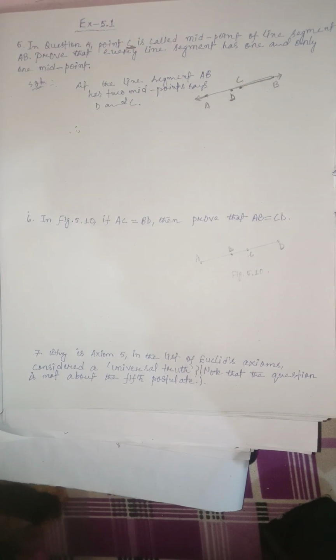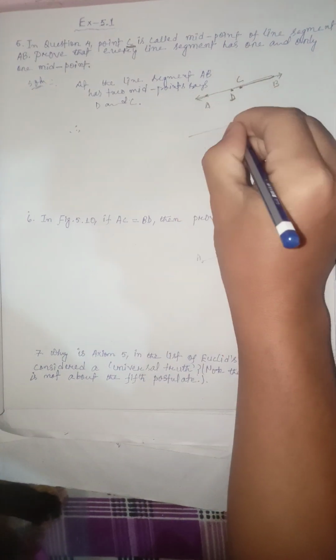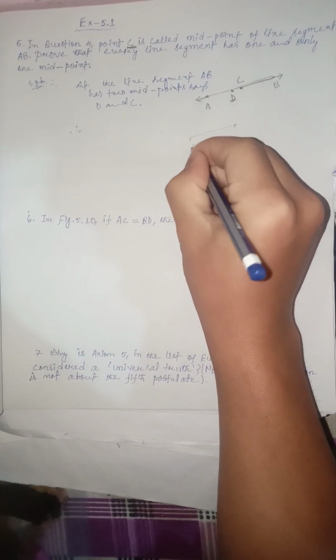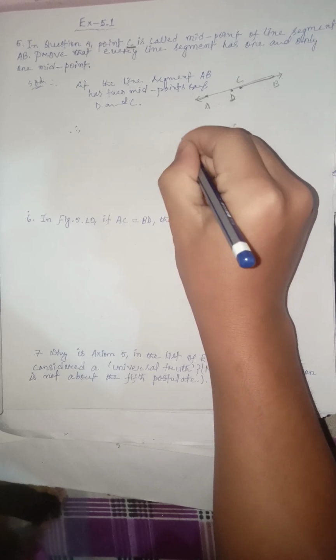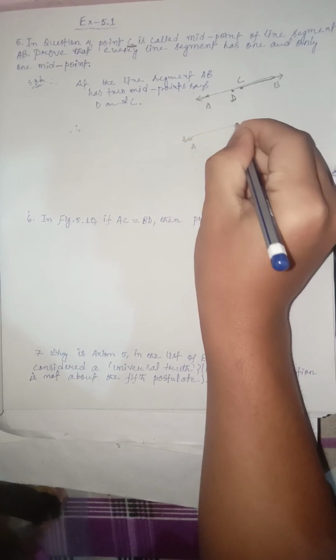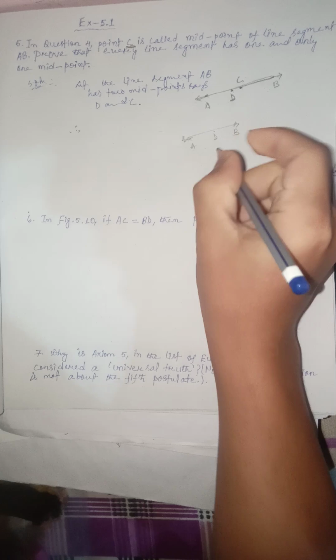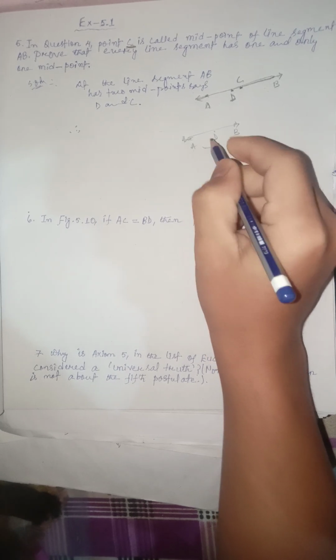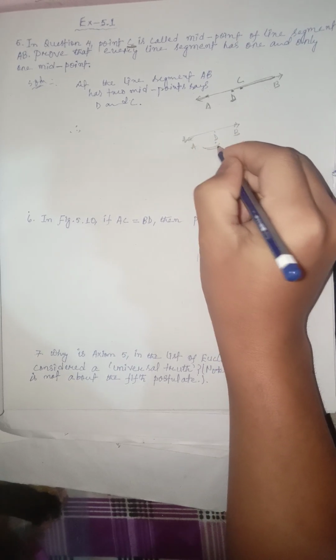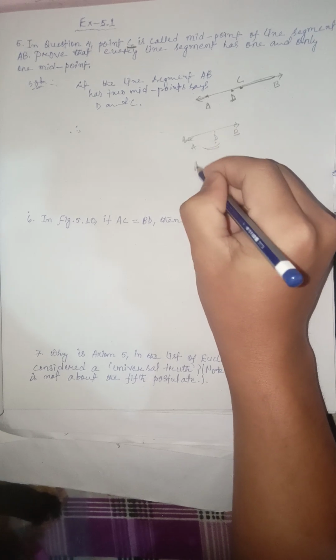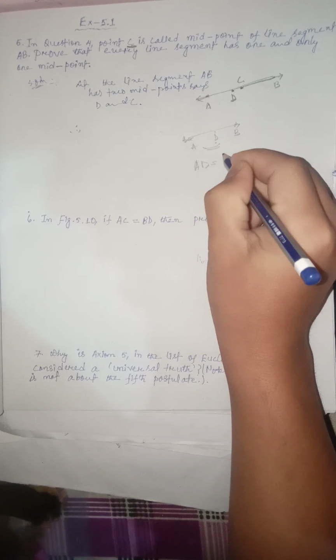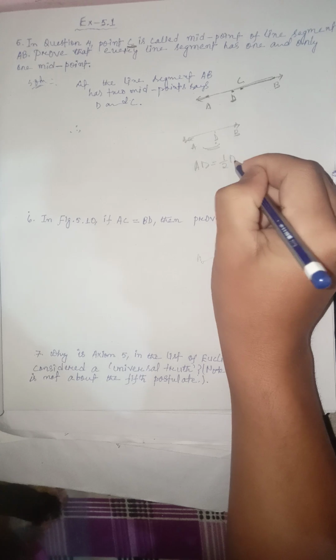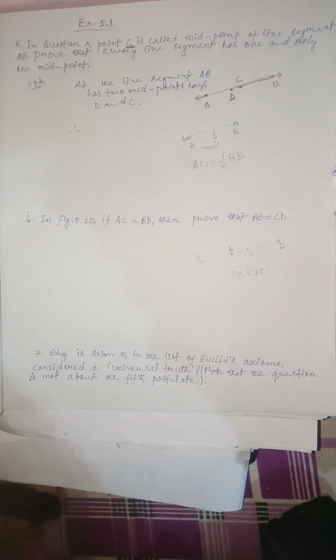Now the thing is here, it will be like this. Let me take points A and B, and let me consider this point D as the midpoint. Even when I consider this D as the midpoint, then easily we can get AD equal to, what would it be? It will be half of AB. Okay, right?